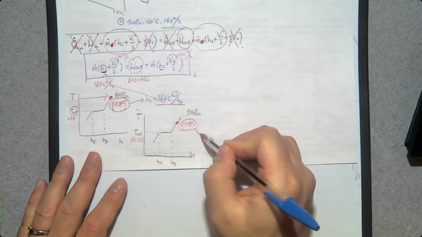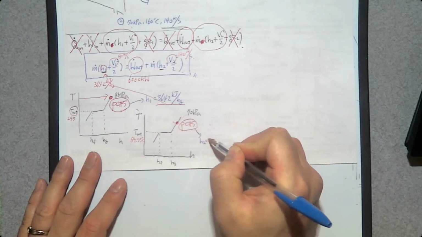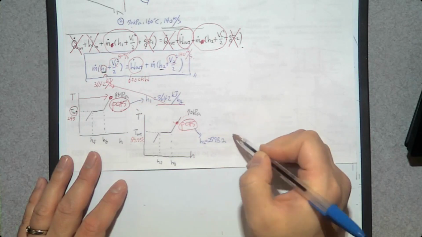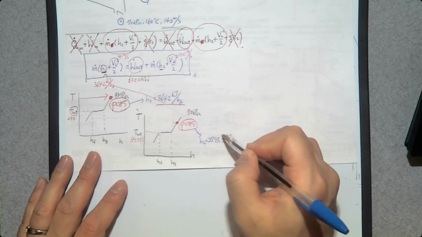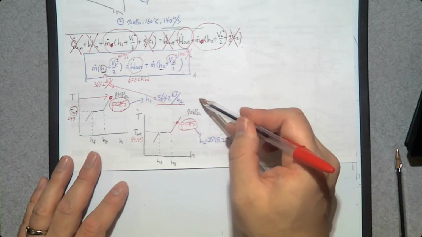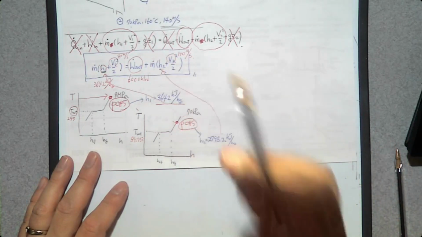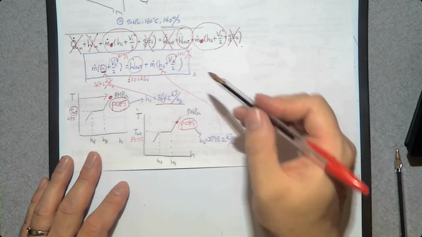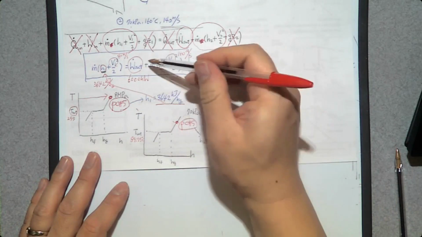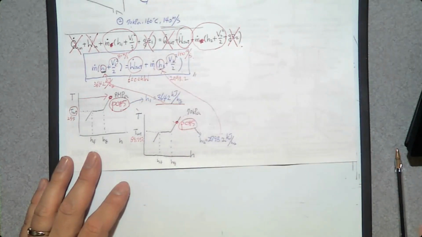So from here, H2 is going to be 2798.2 kilojoule per kilogram. Now, this one goes to here, H2. So that is 2798.2. So we have everything but m dot.